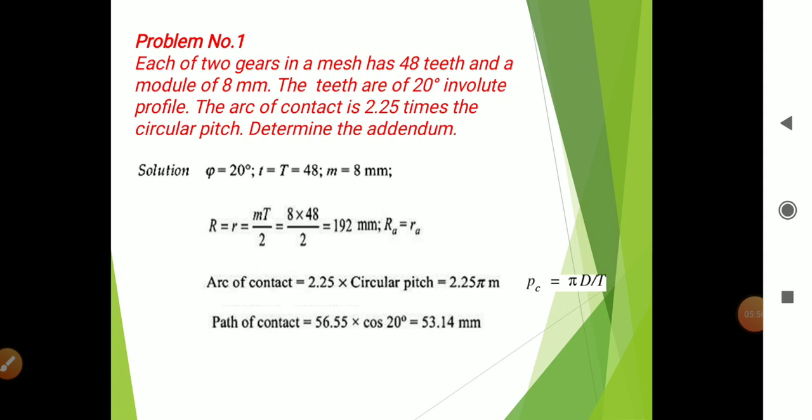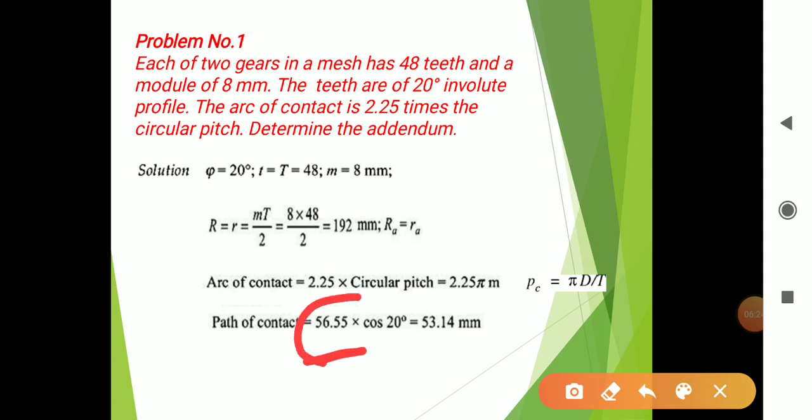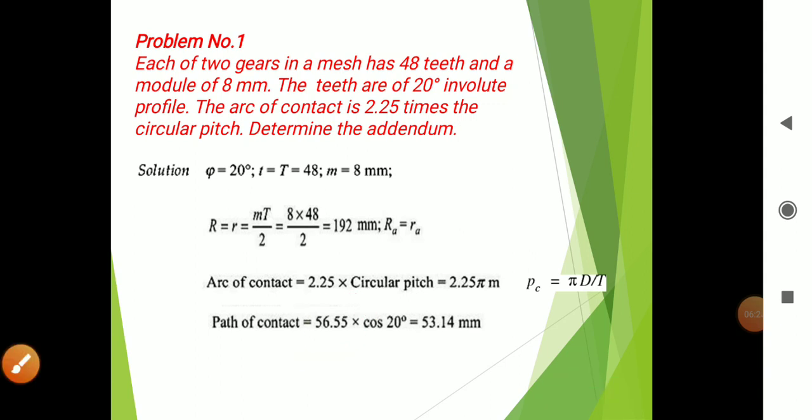Multiplying 2.25 into pi into m, with the known values of pi and m, we get the arc of contact as 56.55. If we multiply the arc of contact by cos of phi, we get the path of contact.